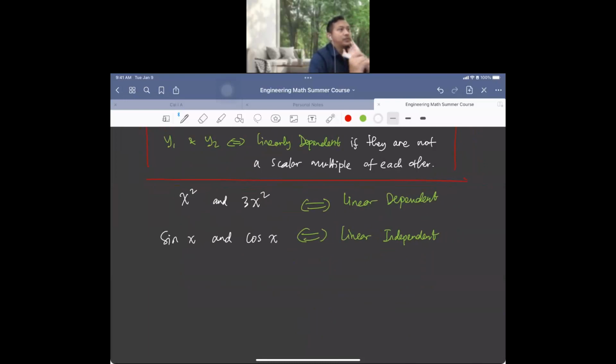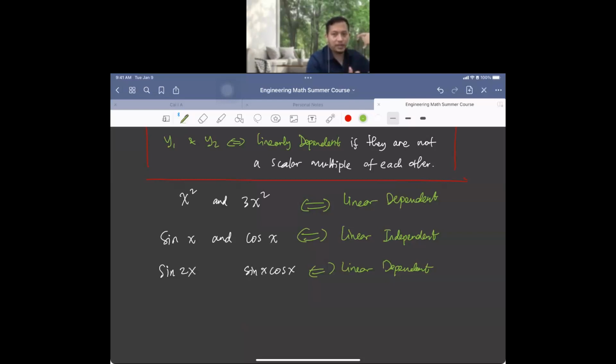But for example, let's say this is sine 2x, and the other one is sine x cos x. They are linearly dependent.